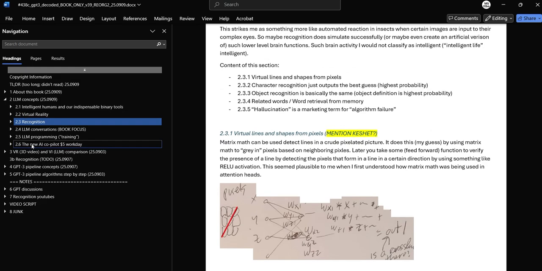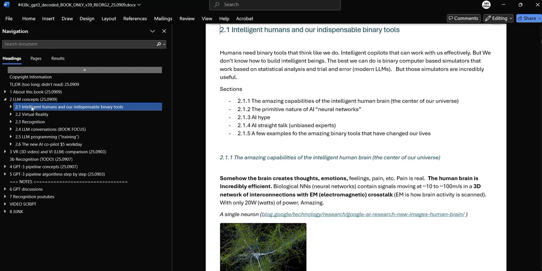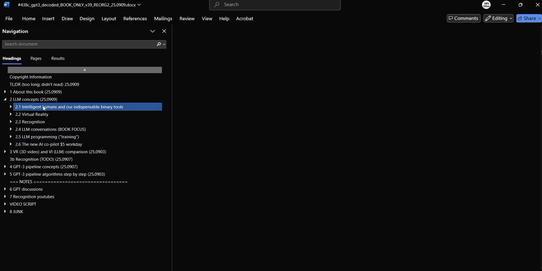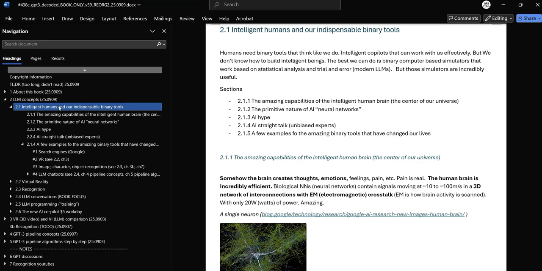So what we haven't talked about is chapter 1, section 2.1 and 2.6. So 2.1 is just concepts about intelligent humans and binary tools. You really have to understand if you're going to use AI correctly, AI is a misnomer. It has no intelligence. They are dumb binary tools, but they are very useful tools if you use them correctly.